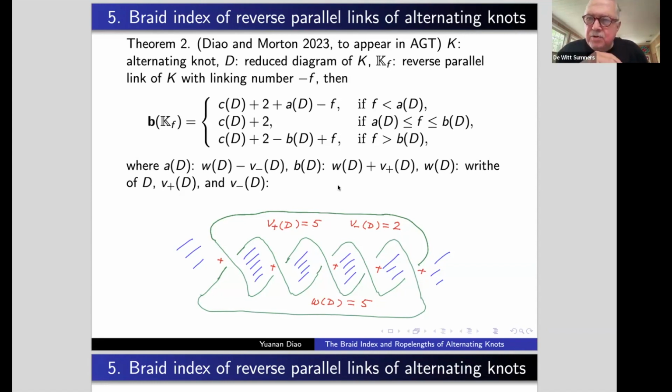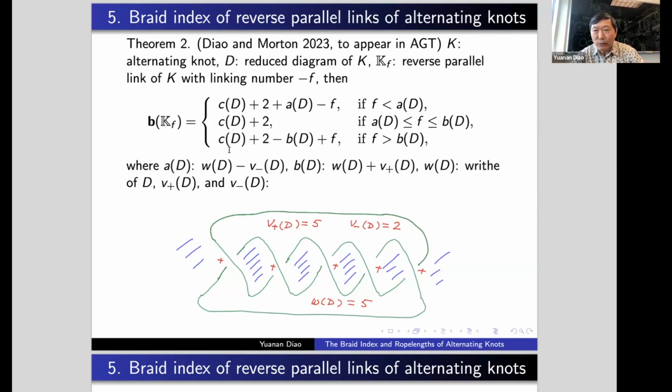Suppose you look at knots which are almost alternating. They have a projection where all but two crossings are alternating. Can you do anything with that? In general the answer is no, because this double approach only works for alternating knots.